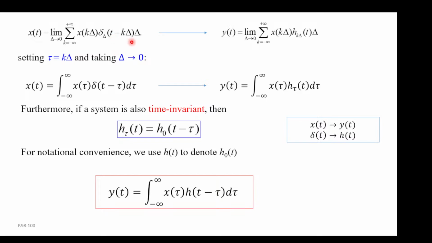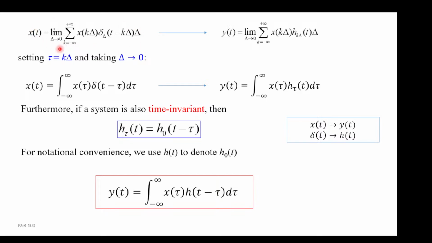Then t minus k triangle becomes t minus tau, and this delta sub triangle becomes the delta function. This is because that's our definition of the delta function: the delta sub triangle when triangle goes to 0. And finally, this triangle here becomes just d tau, an infinitesimal element on this dummy variable tau.